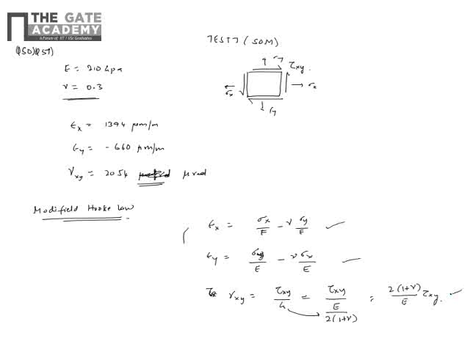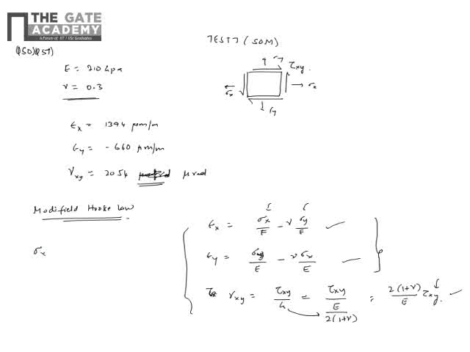Now these three strains are given, I need to find sigma x, sigma y and tau xy. From the first two expressions, because the third one is independent, I need to solve simultaneously. Two equations, two unknowns, I can get sigma x and sigma y in terms of epsilon x and epsilon y.